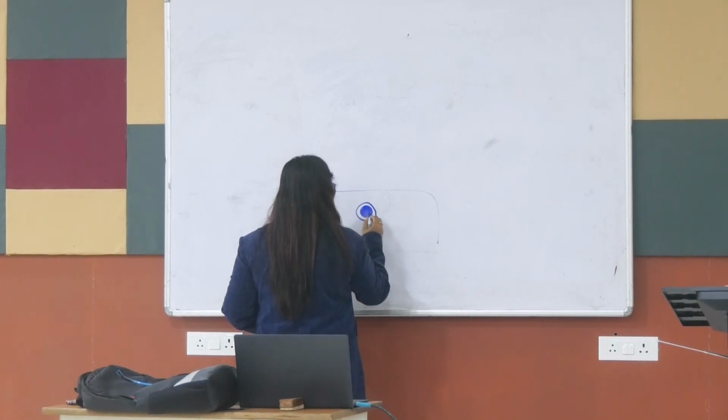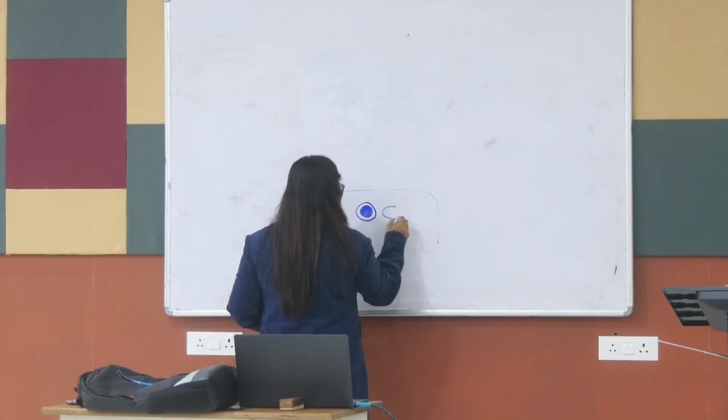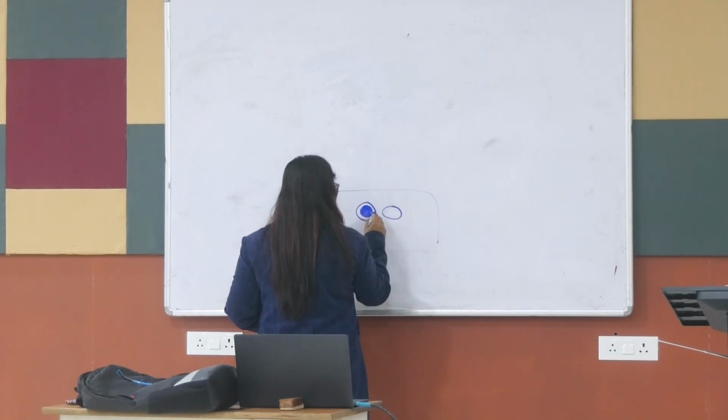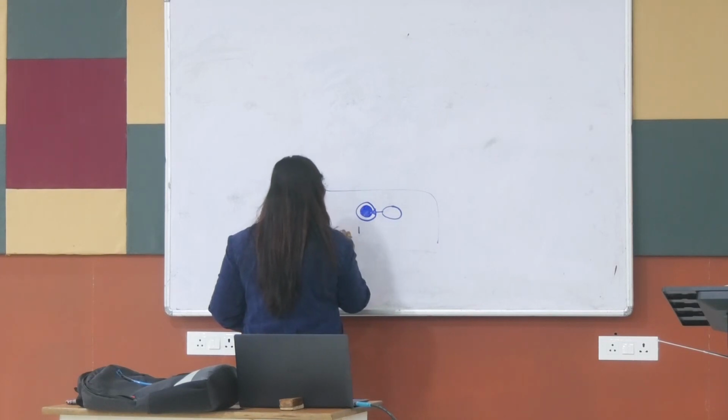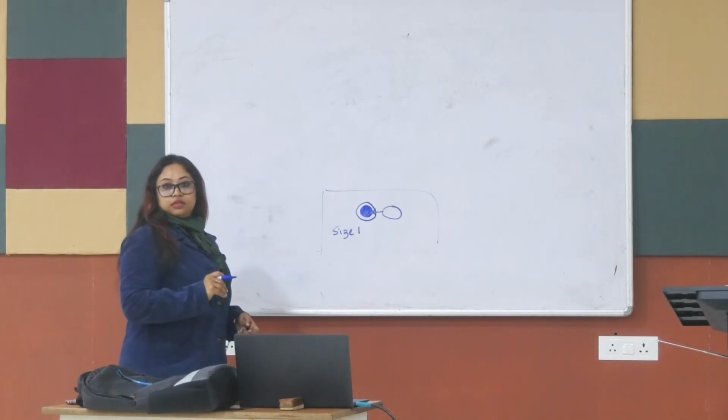That is a lymphocyte, and the RBC is like that, much paler.